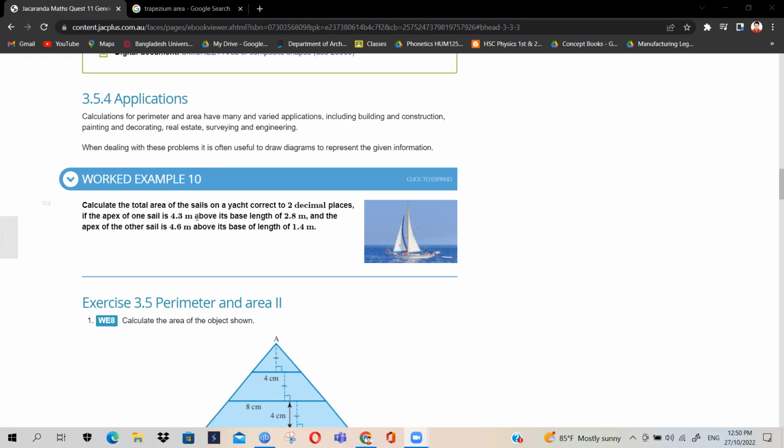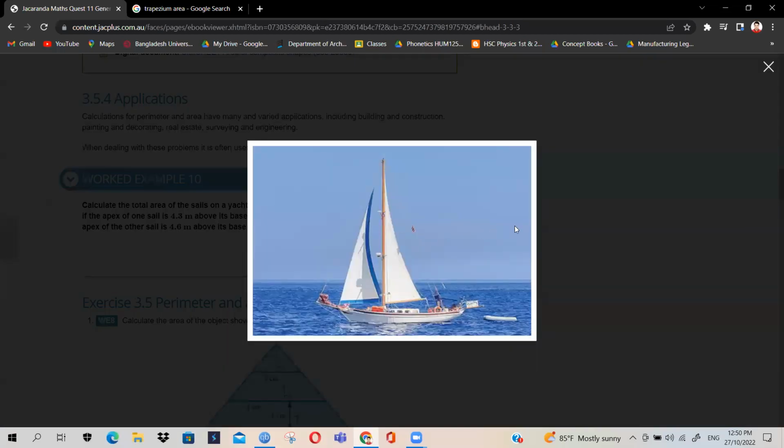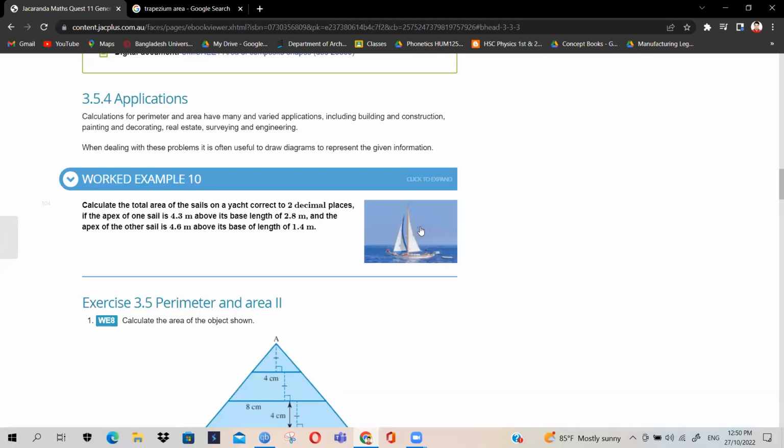If the apex of one sail is 4.3 meters above its base length of 2.8 meters, and the apex of the other sail is 4.6 meters above its base length of 1.4 meters.